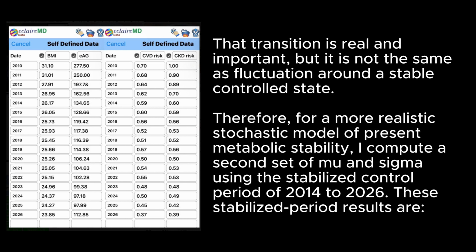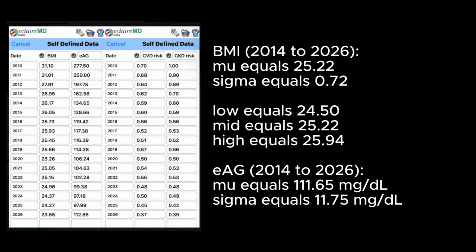Therefore, for a more realistic stochastic model of present metabolic stability, I compute a second set of mu and sigma using the stabilized control period of 2014 to 2026. These stabilized period results are: BMI 2014 to 2026, mu equals 25.2, sigma equals 0.7, low equals 24.5, mid equals 25.2, high equals 25.9.